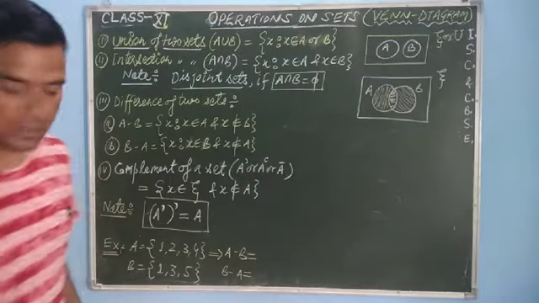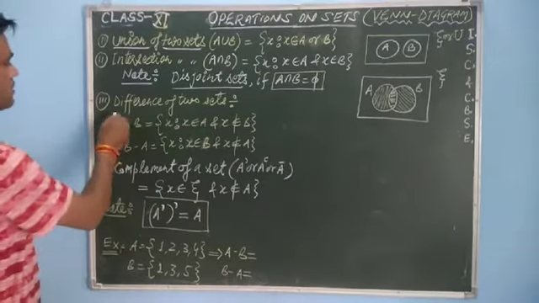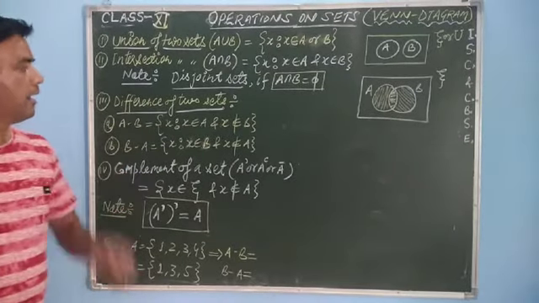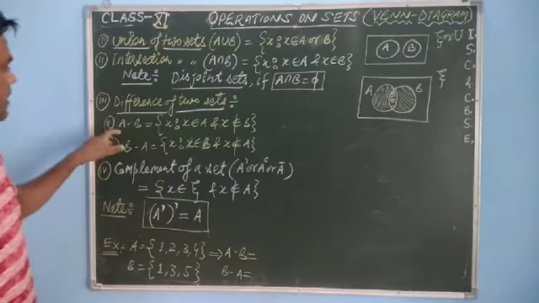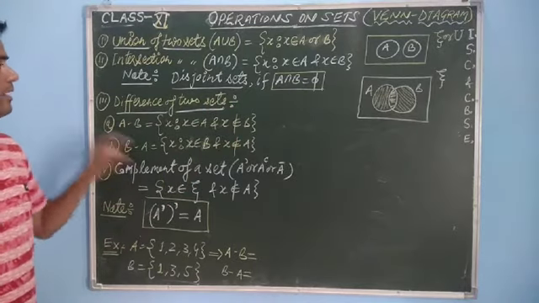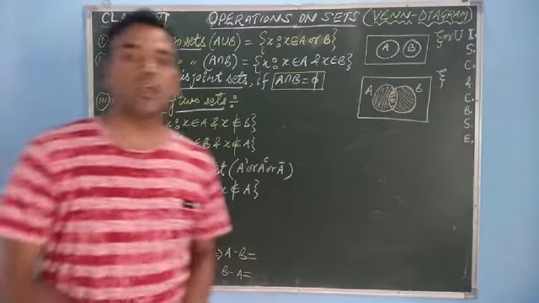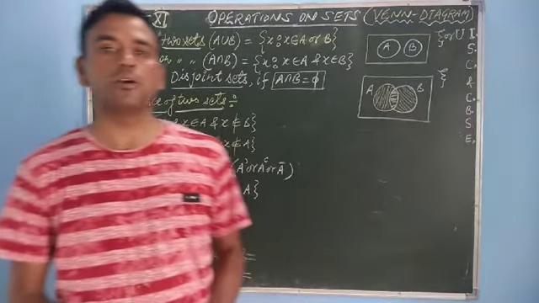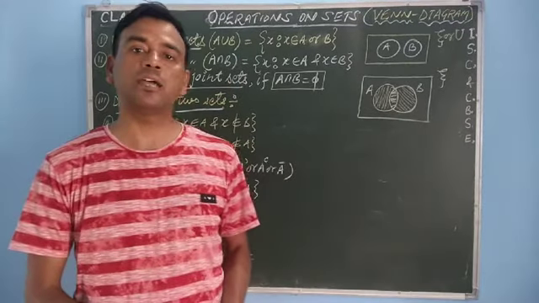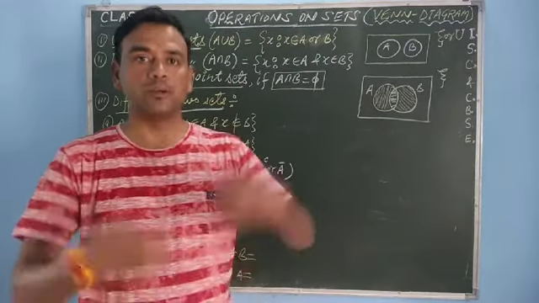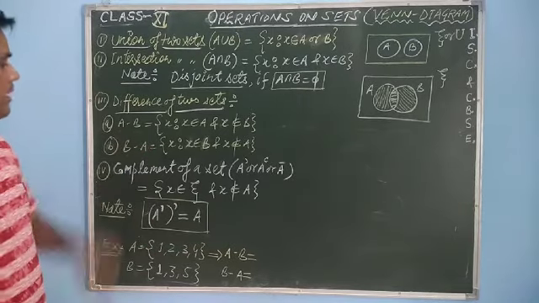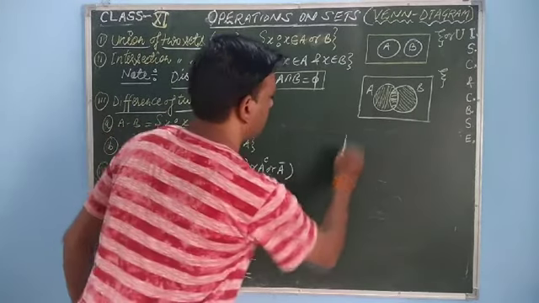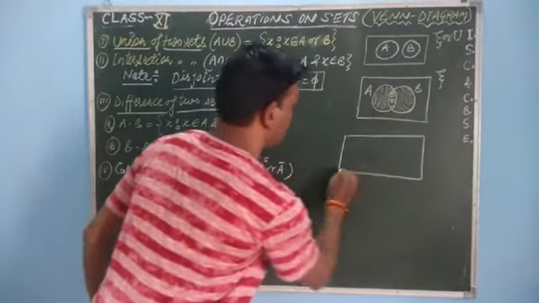Now come to the next point, that is the difference of two sets. Basically the difference of two sets is represented by A minus B or B minus A. It means when a set contains elements that are not the elements of the other set, that is represented by A minus B and B minus A. By Venn-Euler diagrams, we can understand this very easily.